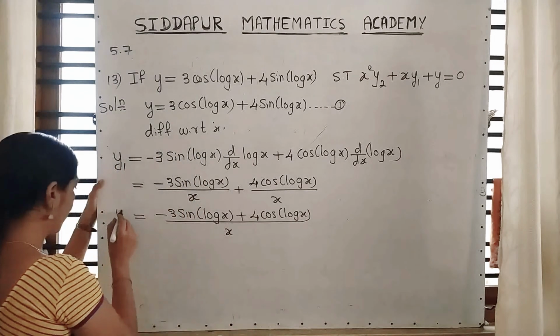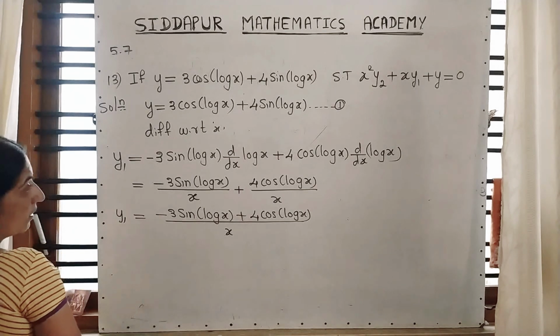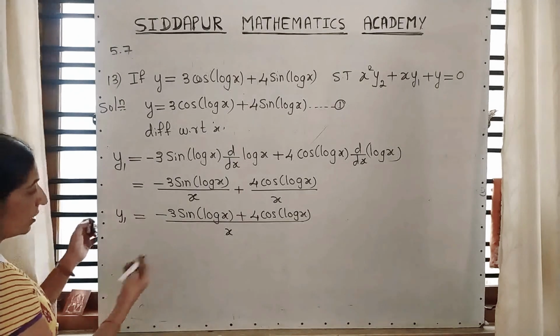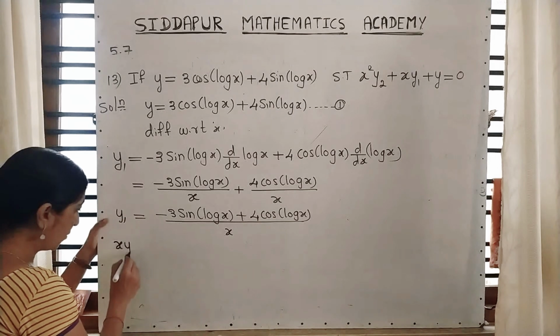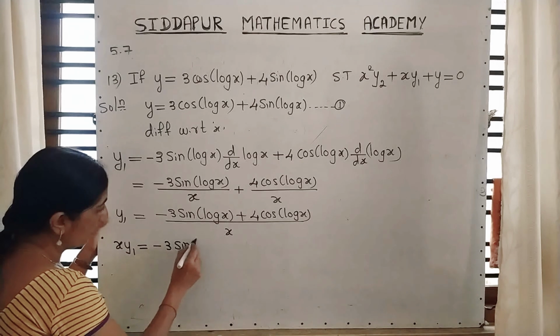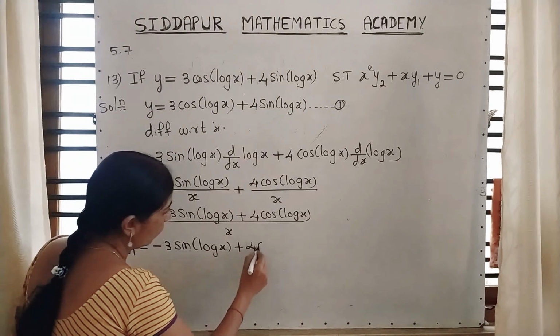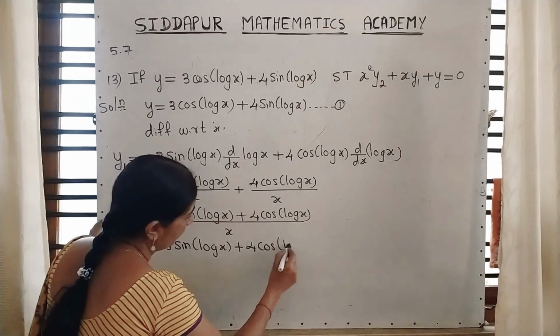This is y1. Now cross multiply. Instead of u by v, quotient rule, product rule is simple. Cross multiply. X into y1 is equal to minus 3 sin log x plus 4 cos log x.